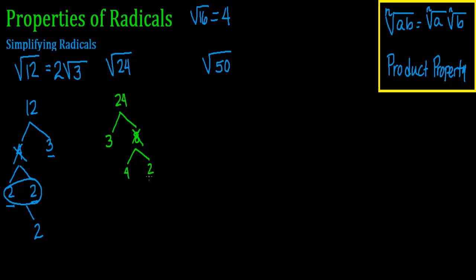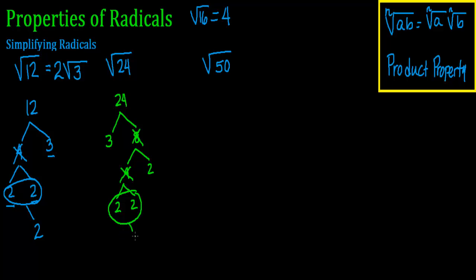2 is a prime number, so I can't break it up anymore. And 4 I can break up into 2 times 2. So now I don't have 4 anymore. It's been replaced with 2 times 2. So I'm left with 3 times 2 times 2 times 2, which equals 24. Now what I do is I pair up numbers that are the same, and I see that I can only pair up these 2's.